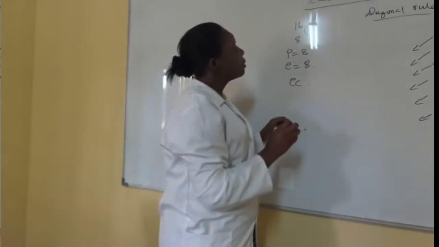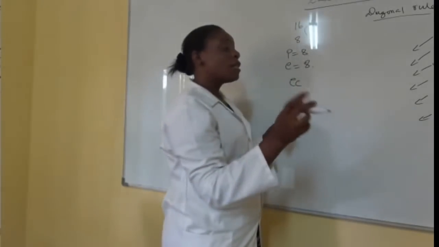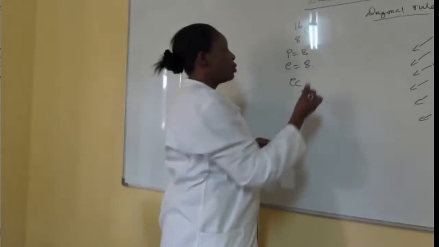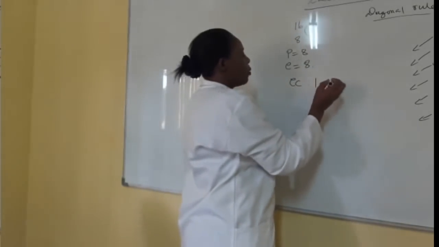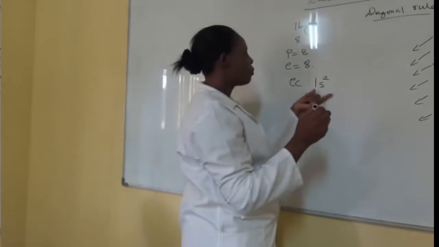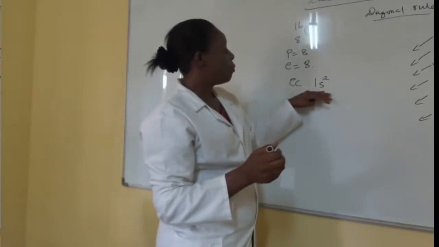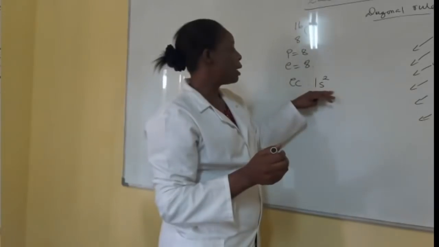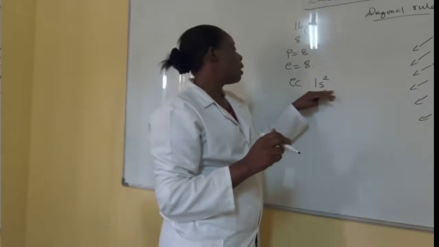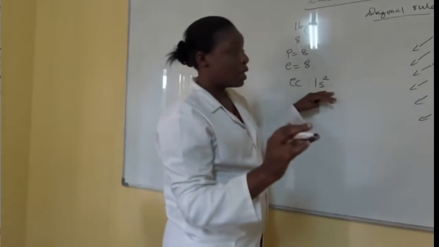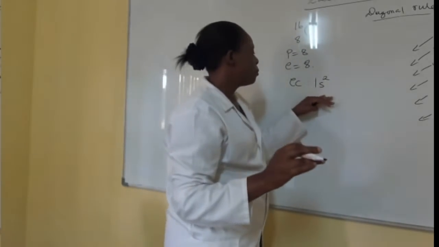So the first electrons will fill the 1s orbital, so it will be 1s2. And why are we saying 2? It's because an orbital can be occupied by a maximum of 2 electrons, right?